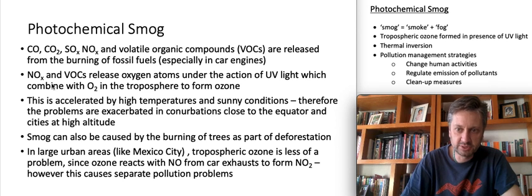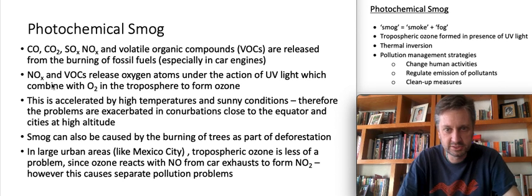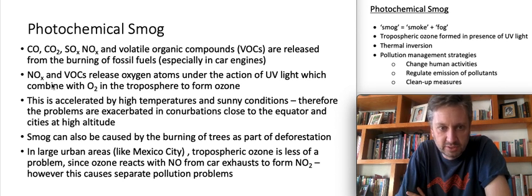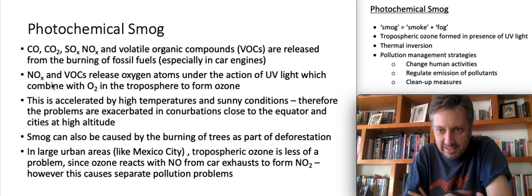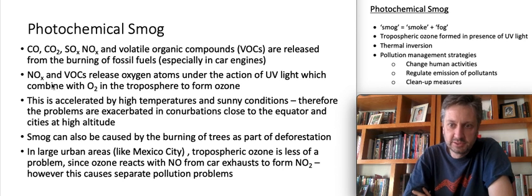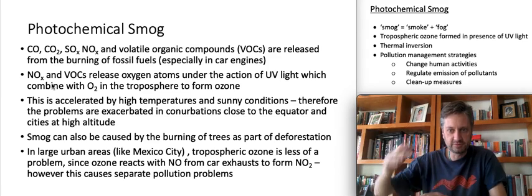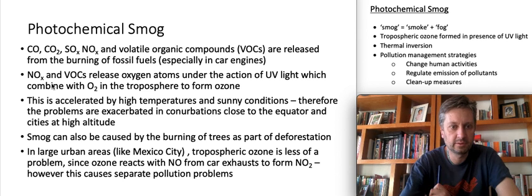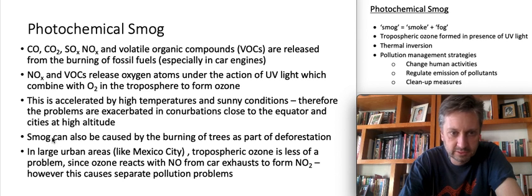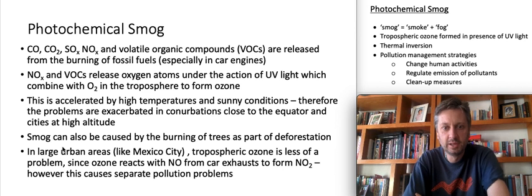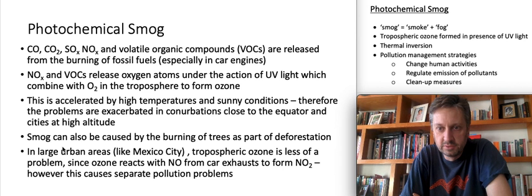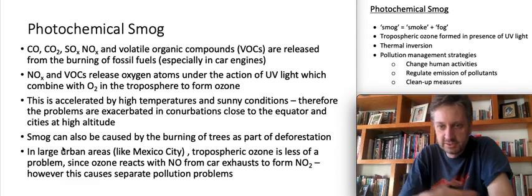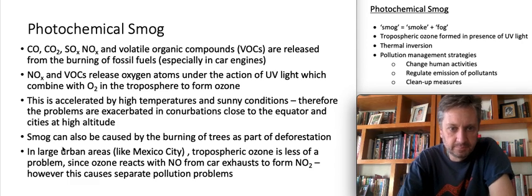So it's especially associated with very sunny places in the tropics close to the equator, and cities like Mexico City that are at high altitude, where there's less atmosphere to absorb incoming UV radiation. As I mentioned before, smog is also made worse by the burning of trees.